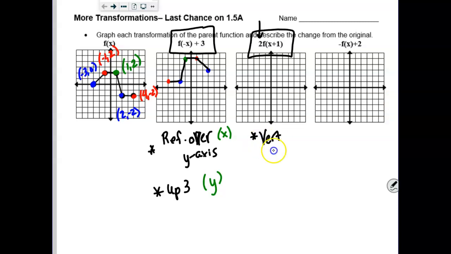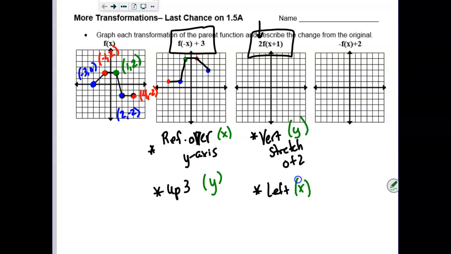Yes, it's a vertical stretch of 2, which clearly will stretch the y's. And then what about x plus 1 inside of the function notation like that? Left 1. And if you move left, what direction is that changing? So once again, it doesn't matter the order in which you apply these transformations because they'll be the same transformation.